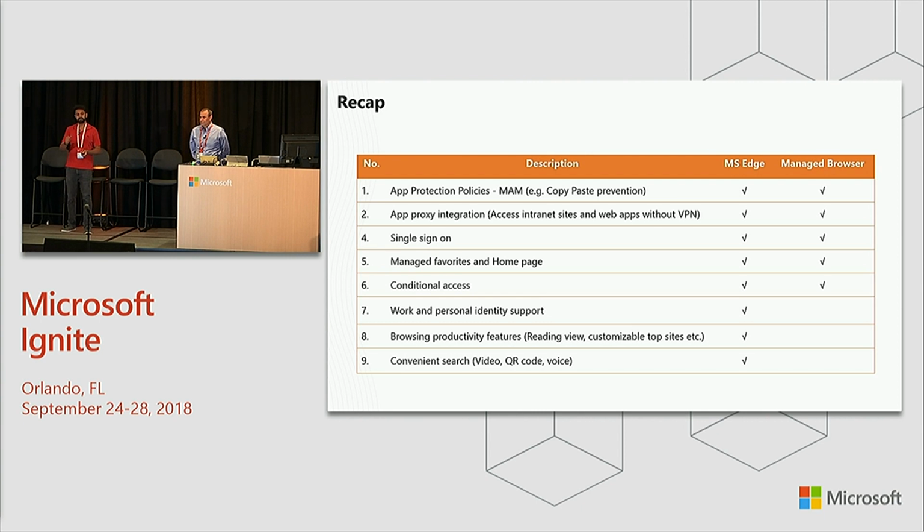So a quick recap on what we covered. Edge supports all of the manageability and security features of managed browser. Edge is at parity. It has app protection policies, app proxy integration, single sign-on, managed favorites. And on top of that, because it's a mobile browser designed for ease, convenience, and productivity, there's a lot better user experience that you can expect from it.